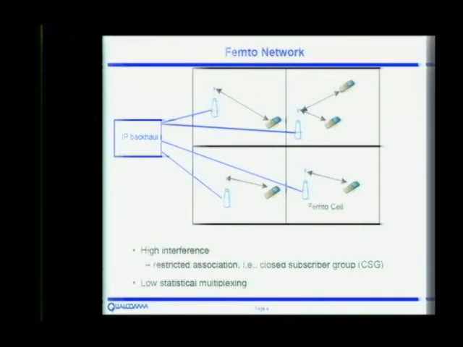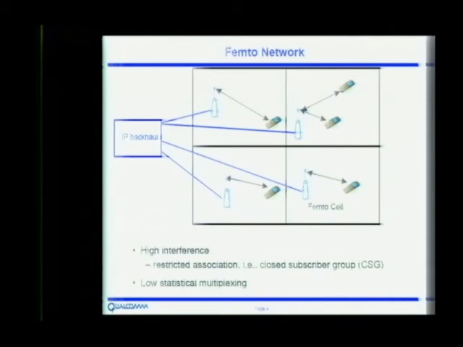Here it's a different ballgame, because now you can have the notion of a dominant interferer, and something that you measure at time t could be totally different from time t plus delta. That's because of the traffic, and because there is much more likelihood of a dominant interferer.